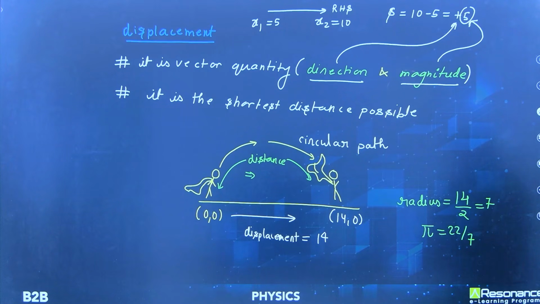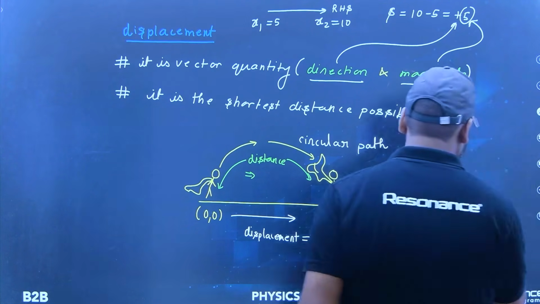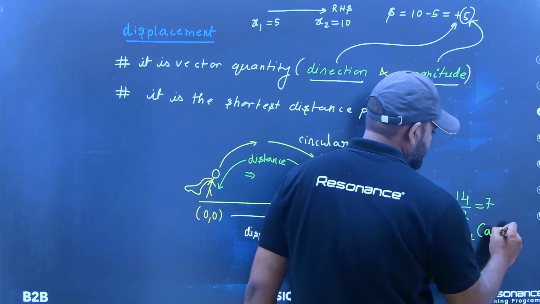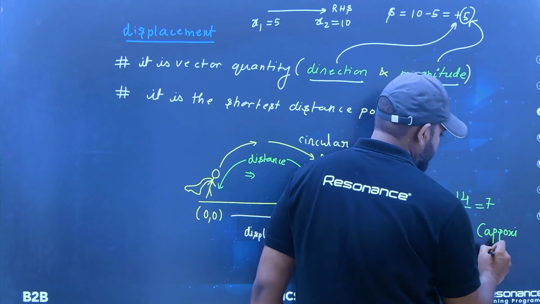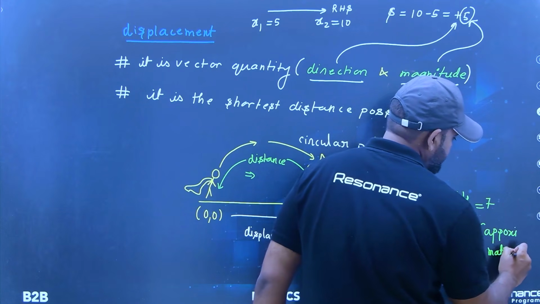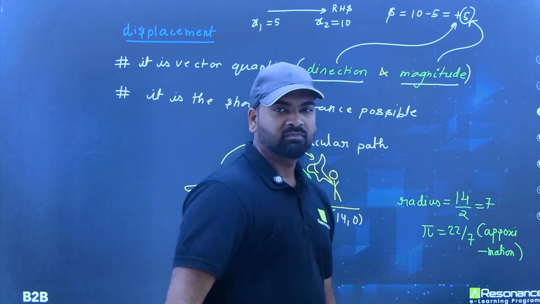Just in case I'm defining half of the circle. You can take pi value equal to 22 by 7 for approximation. It's an approximation.